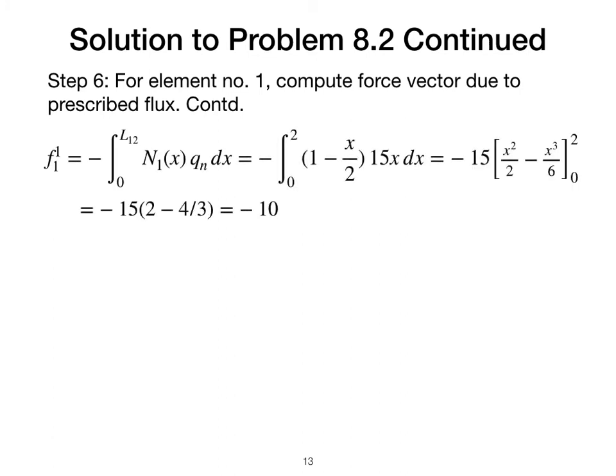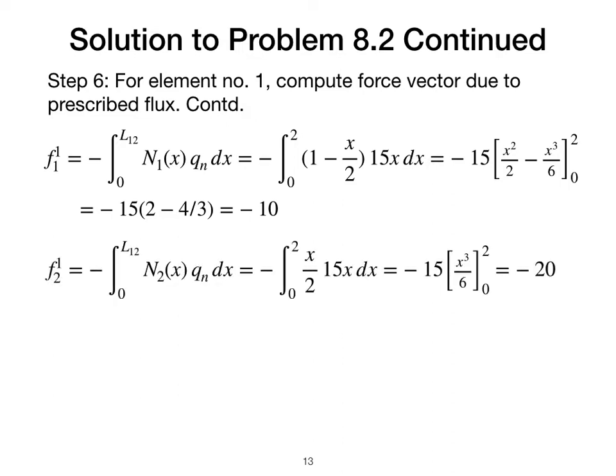So F11 will be given by minus integral of N1 times Qn integrated from 0 to L12 with respect to x. And we know that N1 is equal to 1 minus x over 2 and Qn equal to 15x at gamma 1 2, and putting those values here, integrating, we get F11 equal to minus 10.